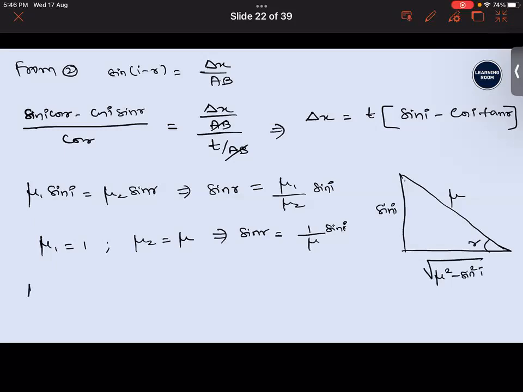So what will tan r be equal to? Tan r will be equal to sin I divided by root of mu square minus sin square I.